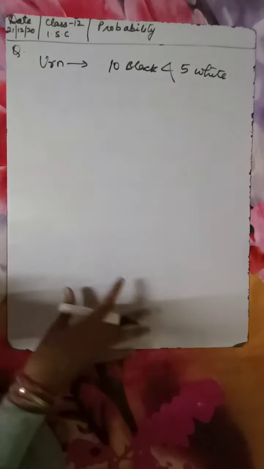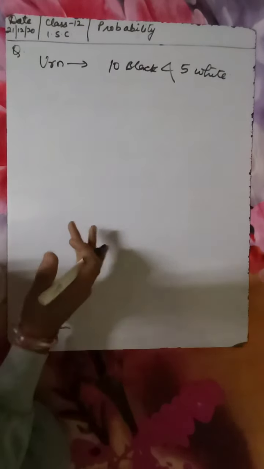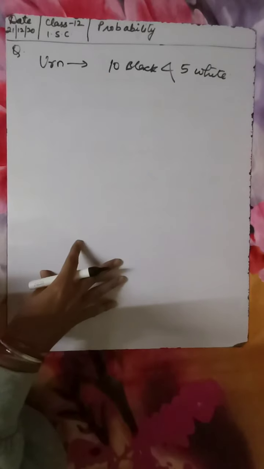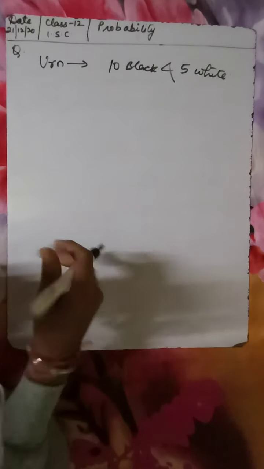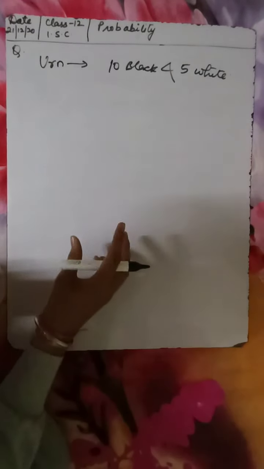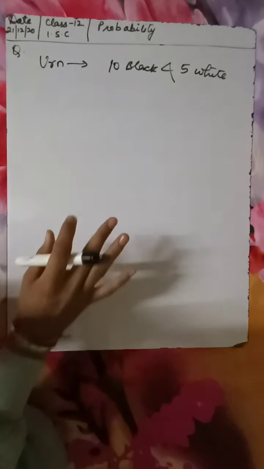Two balls are drawn from the urn, one after another, without replacement. We have to draw two balls one after another, not in a single pick. Without replacement means we don't have to replace it. From the 15, if I pick one, we are left with 14, and from the 14 if I pick one again, we are left with 13. So like that we have to do.